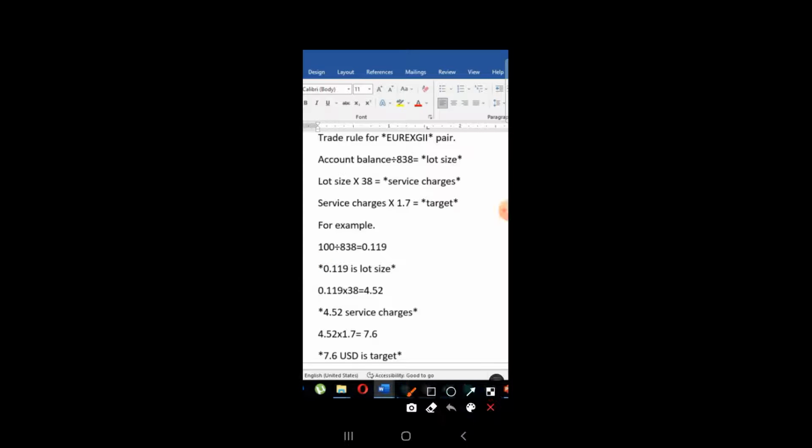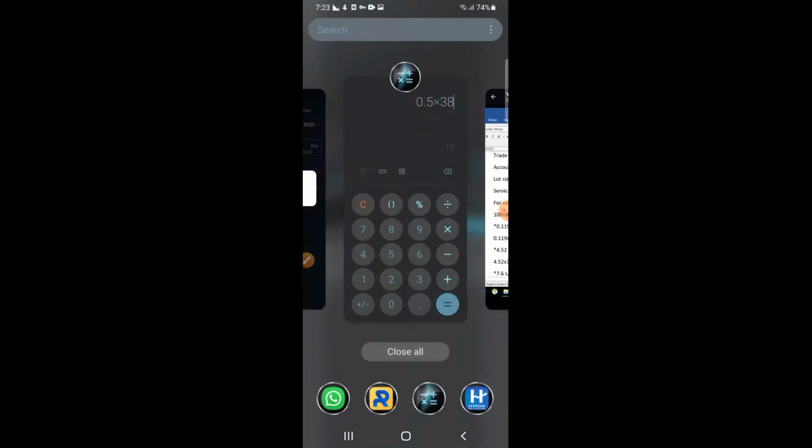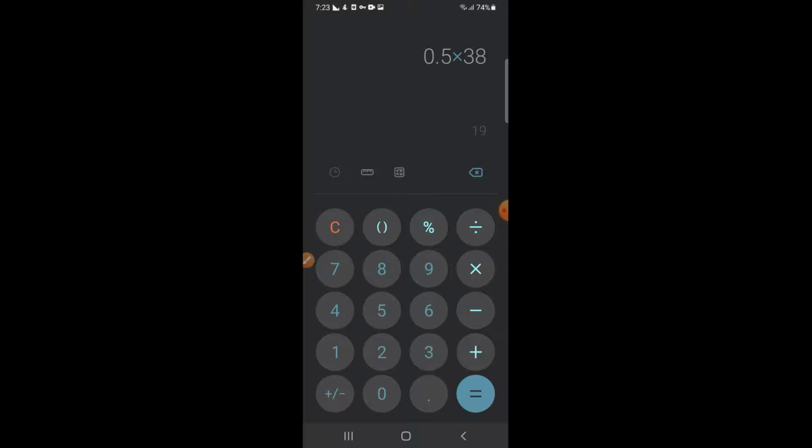Now your third step is what? Service charges multiplied by 1.7 is your target price. Target means your profit target. This is the service charges or broker fees, $19, according to my balance of 453.